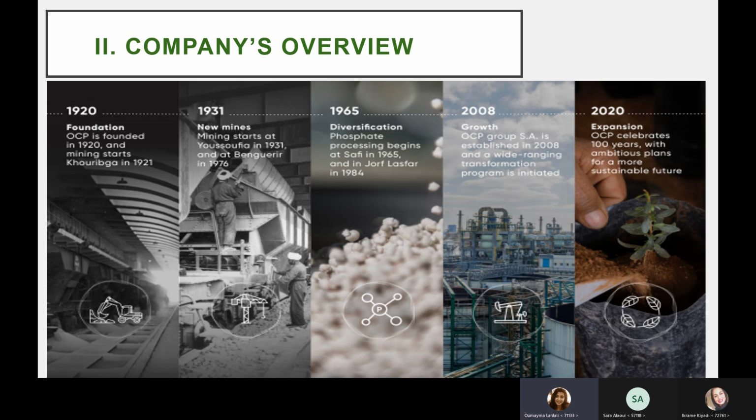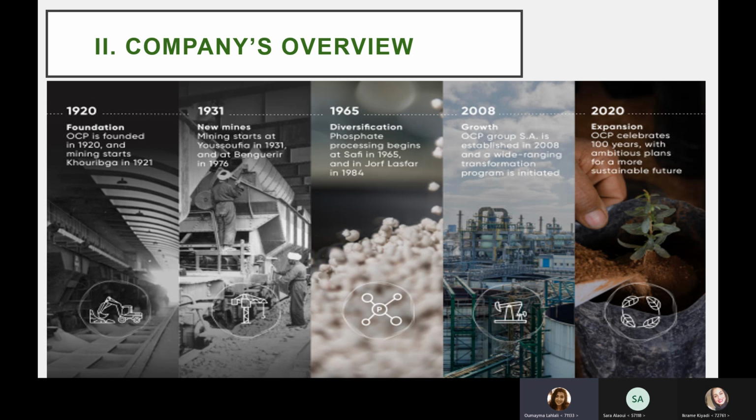In March 1921, OCP started operation of phosphates in Khouribga with export later that year through the port at Casablanca. In 1931, a second mine operated in Youssoufia, and in 1976, a third started in Ben Guerir.